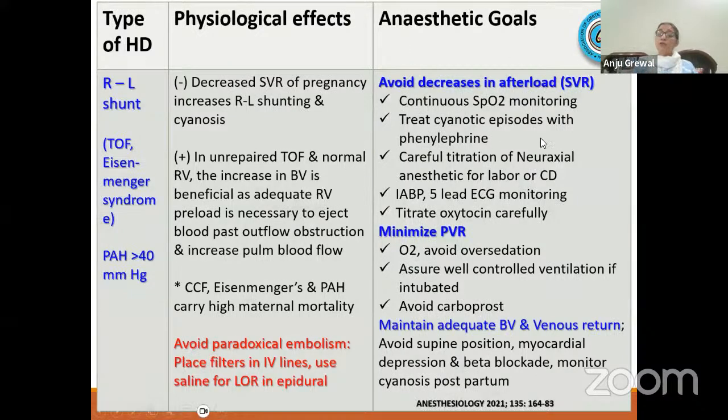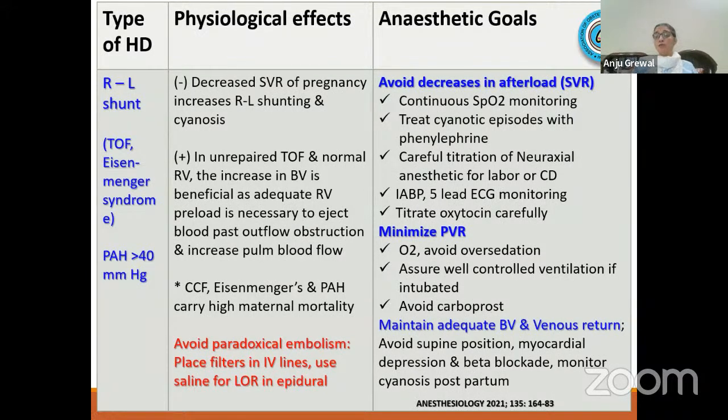There have been reports of careful titration of neuraxial anesthetics, but of course you have to be careful because you do not want any drastic decrease in the afterload, because that would be dangerous for this mother. We also need to minimize the pulmonary vascular resistance by avoiding hypoxemia and hypercarbia, so over-sedation should be avoided. And most of the time we'll need GA with well-controlled ventilation.